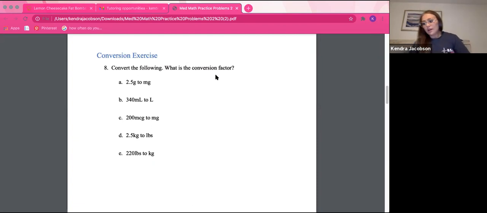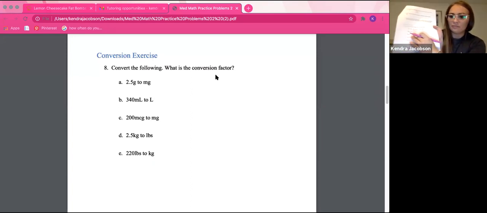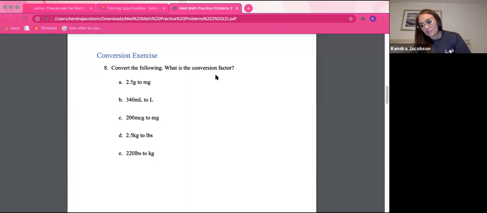So the longer way, you're going to want to take that 2.5 grams and just have it on its own, sitting there like that. And you're going to want to multiply that by the conversion factor. The conversion factor is that there's 1,000 milligrams in 1 gram.